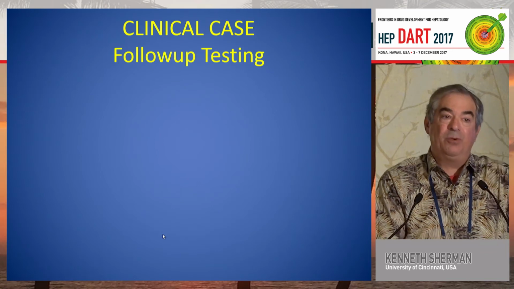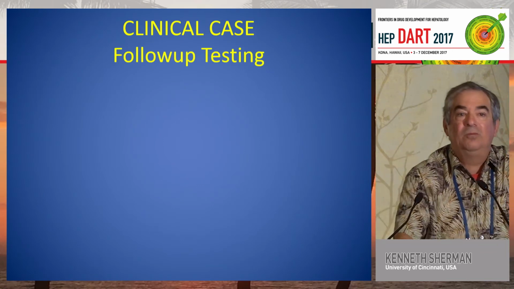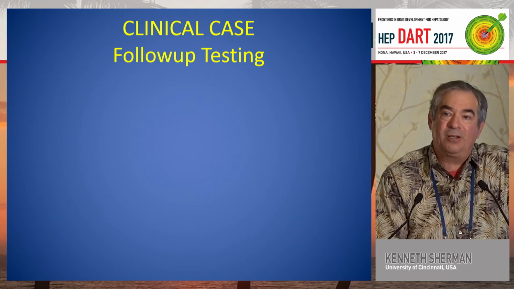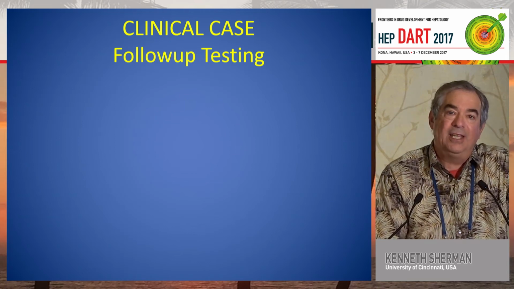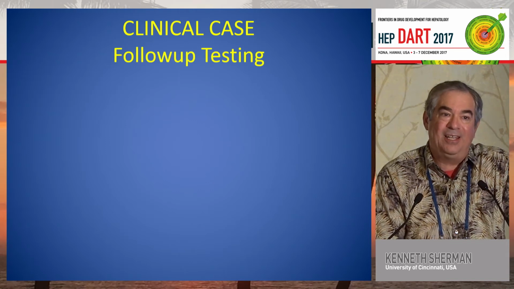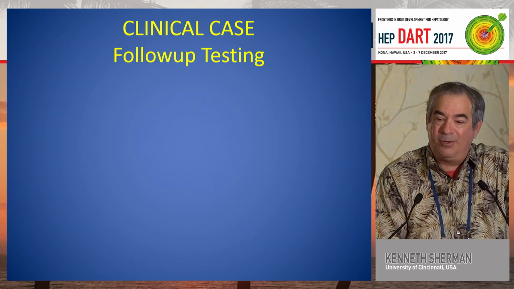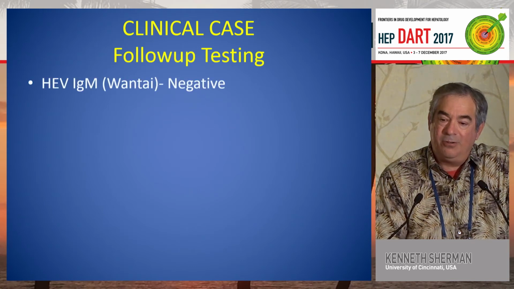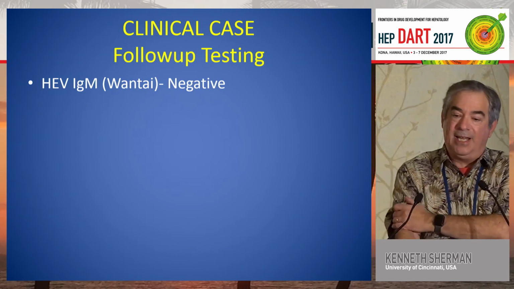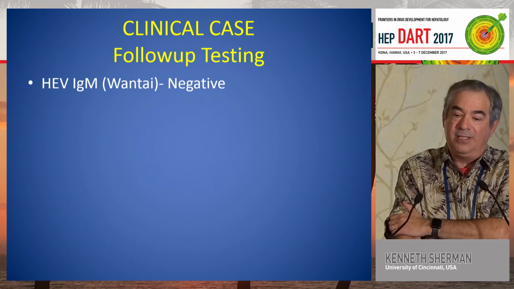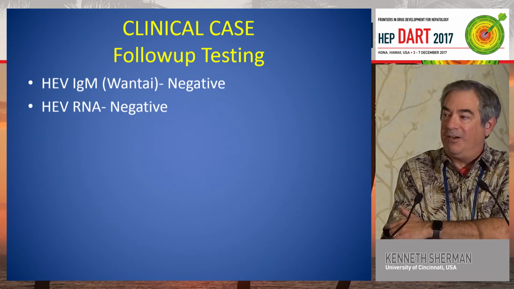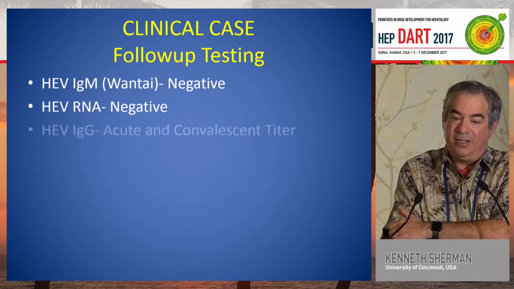So for the case I presented to you, we tried to determine what assay was performed in the commercial laboratory. They said they didn't know. It was a proprietary assay, and they would not tell us anything more about it. So we did our own repeat testing on that sample using the Wantai assay. It was negative. We tested for HEV RNA, and it was negative.